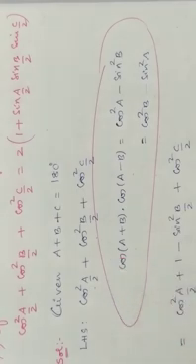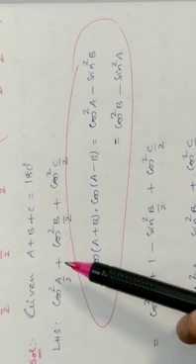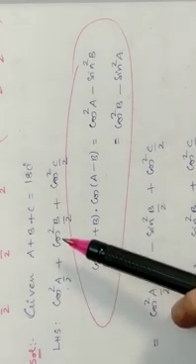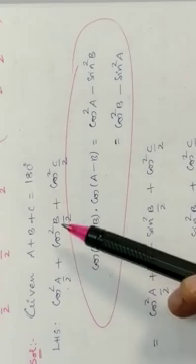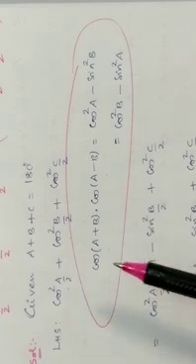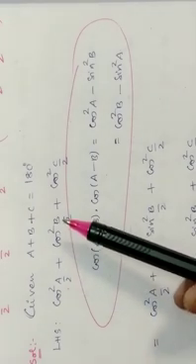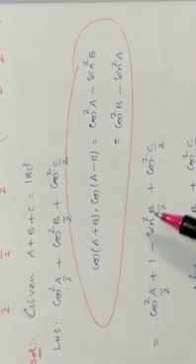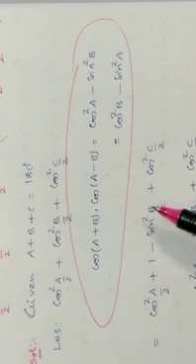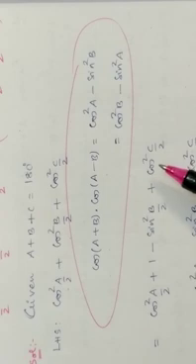So to get minus in between, I am changing cos square b by 2, cos square theta as 1 minus sin square theta. The same plus cos square c by 2 as it is.